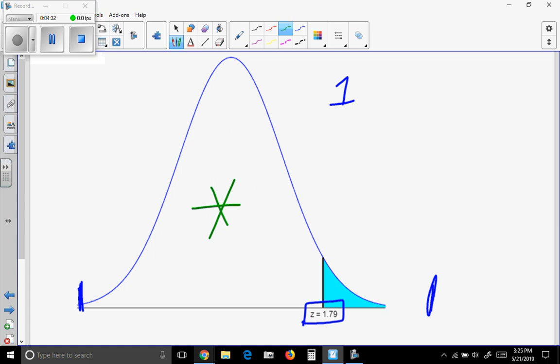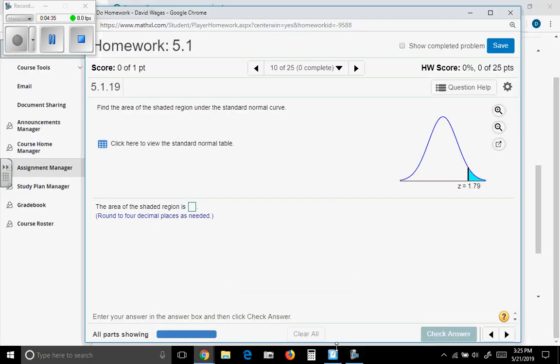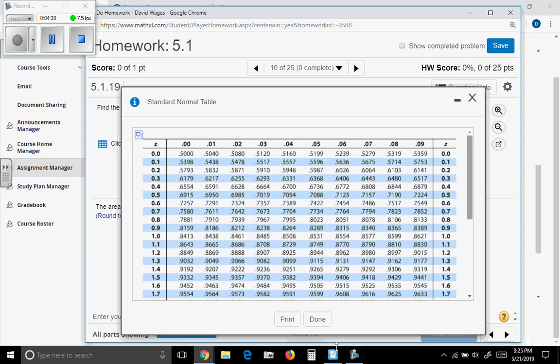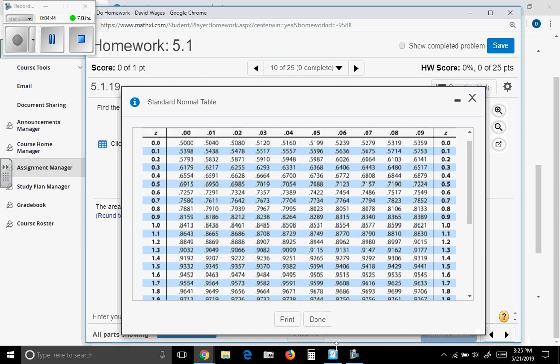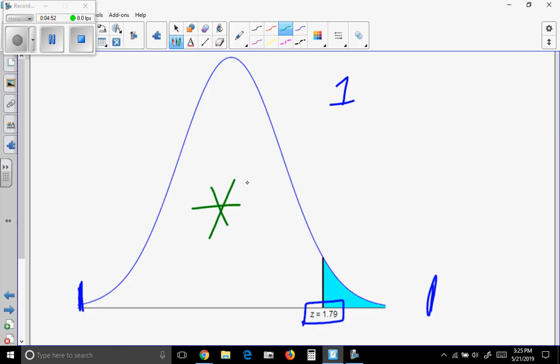So let's do that. If we go to our chart and look up a z-value of 1.79, here's 1.7. And this is the 0.09 column, so 1.79 has an area of 0.9633 to the left. So for right now, I'm just going to call this over here B. So if we take 0.9633 and we add this area, B, that total area has to be 1.